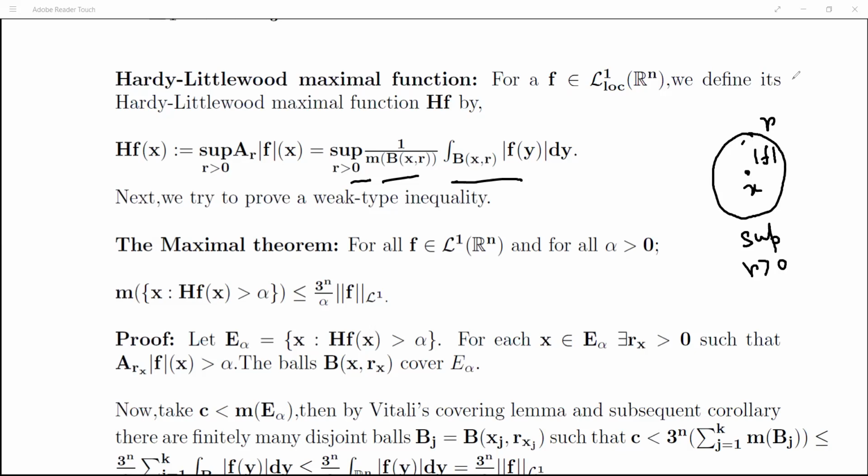So that is your Hardy-Littlewood maximal operator. And then we try to prove a weak type inequality. This is known as some sort of weak estimate for this Hardy-Littlewood maximal function, which is known as the maximal theorem.